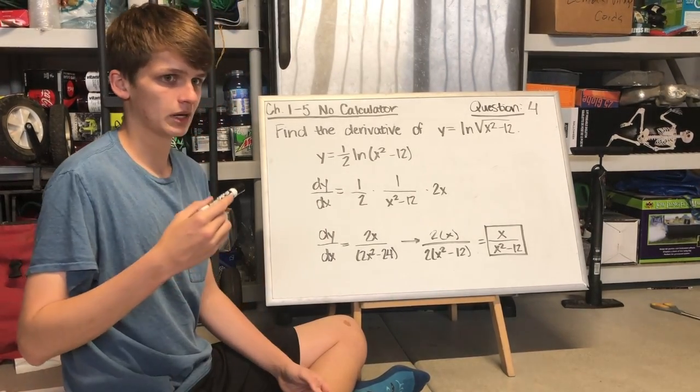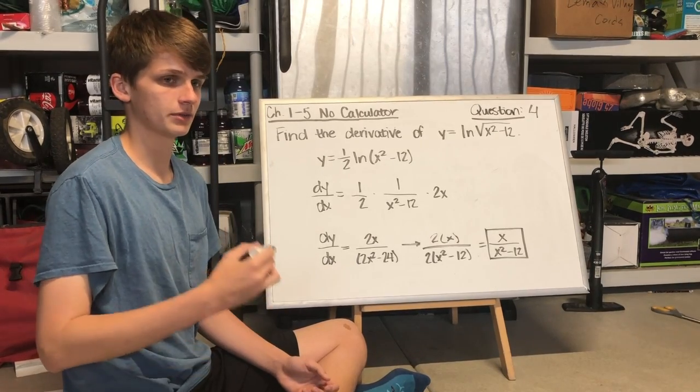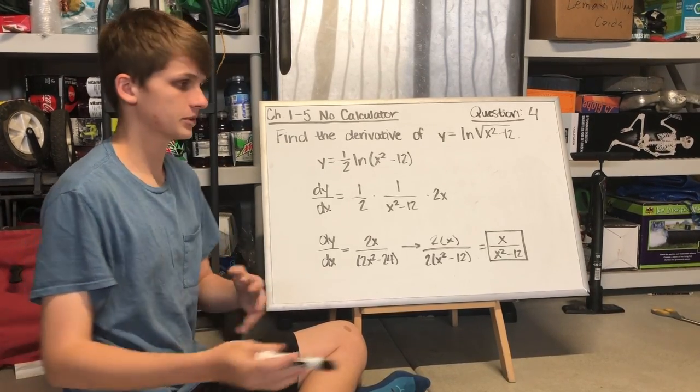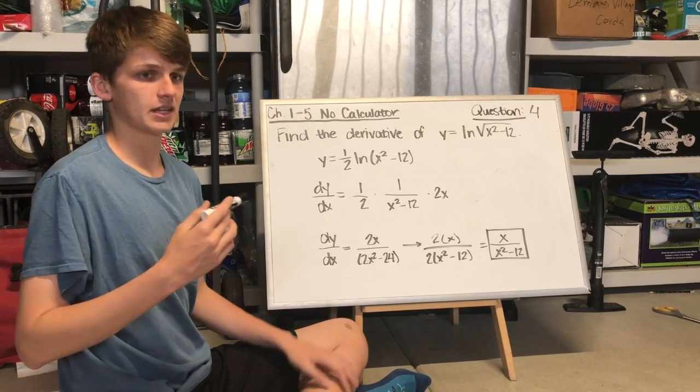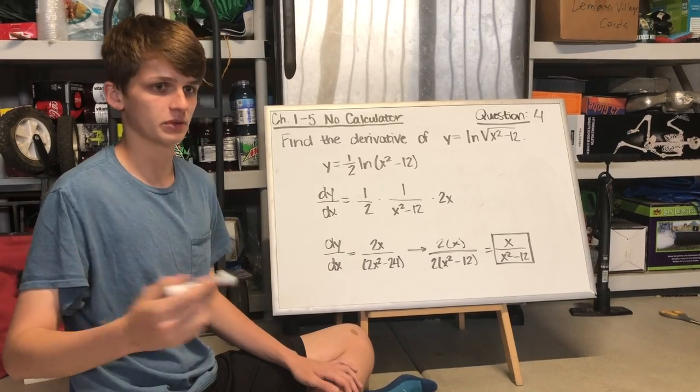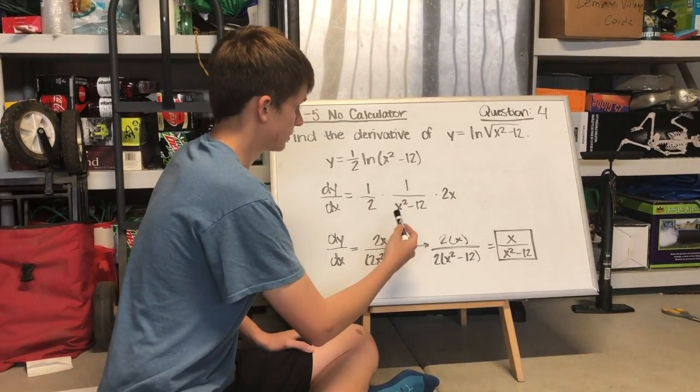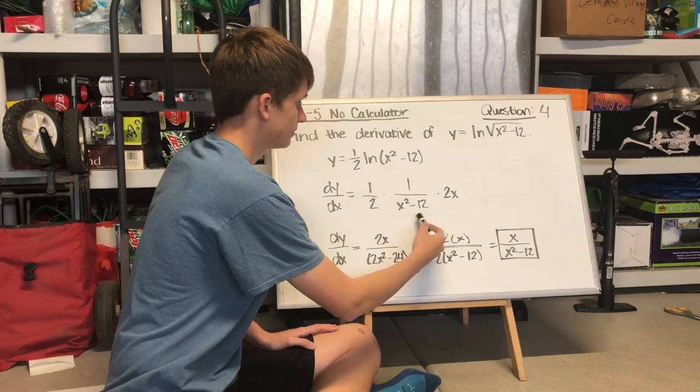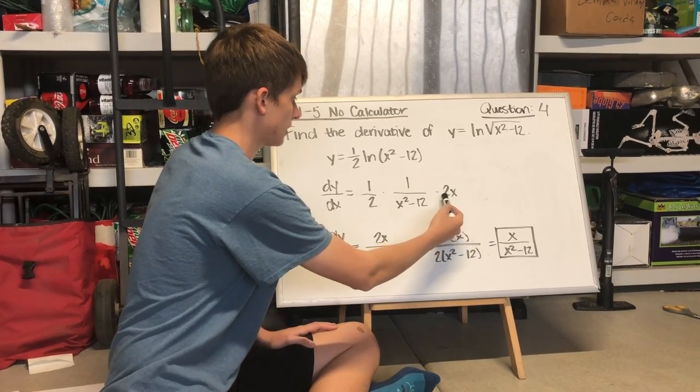Not to say that when we have the natural log of x, we don't take the derivative of x and multiply it by 1 over x. It's just that we don't have to, since the derivative of x is 1, and 1 over x times 1 is 1 over x. So the derivative of x squared minus 12 is 2x, so we multiply by 2x as well.